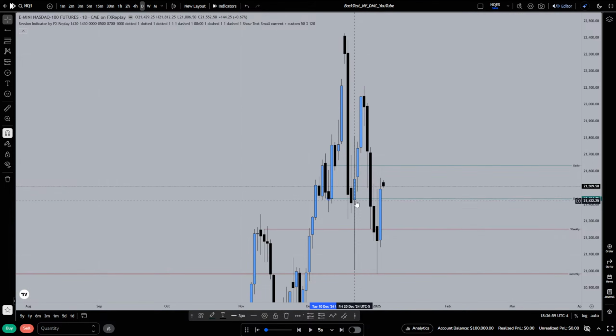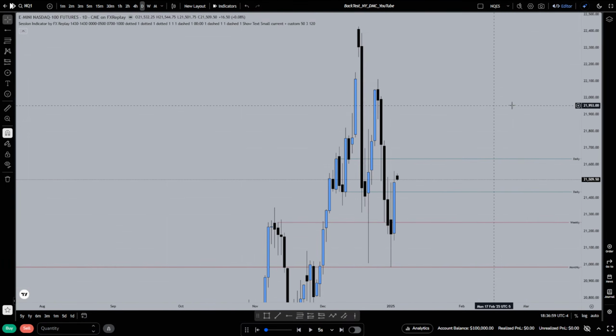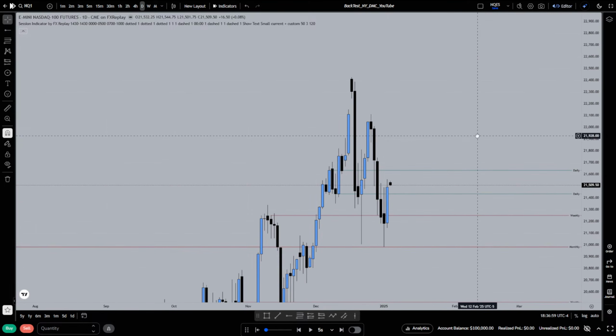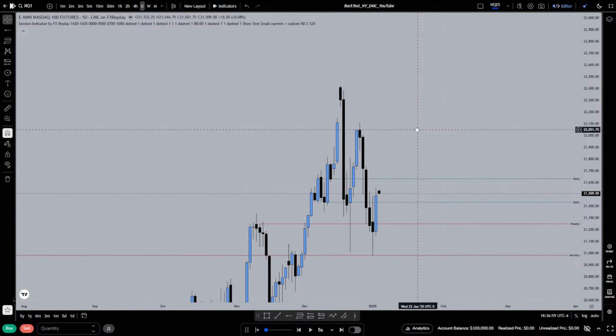Breaking below this daily level. And we test this level before it, and then we push higher. We say this was a test of this level, and then we push higher.